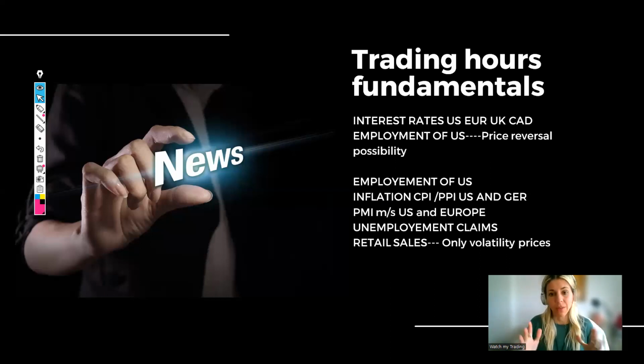I've seen employment getting published and changing the price activity for 2 weeks, never going back to the price it was before. So pay really close attention to interest rates and employment of the US. That really can change the picture of everything else.